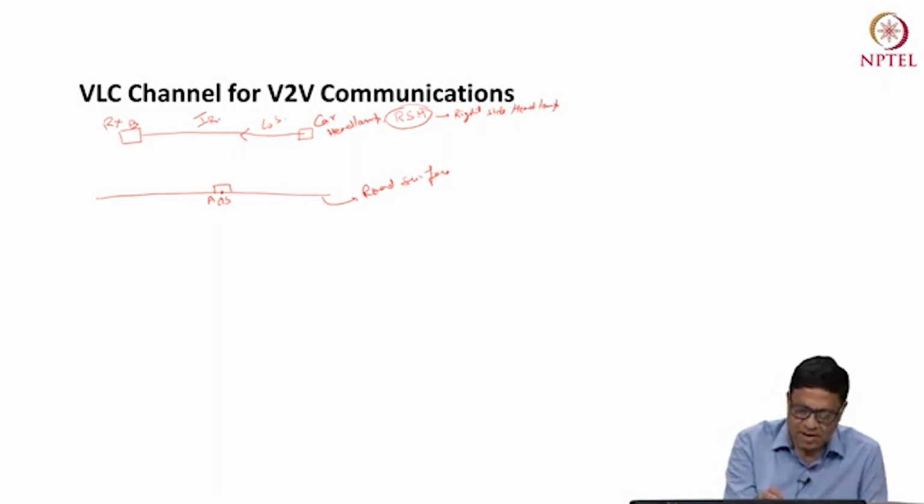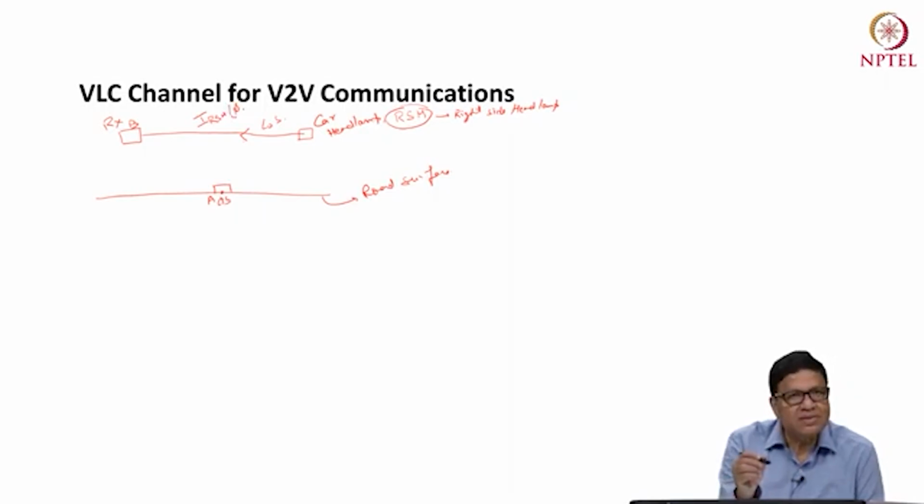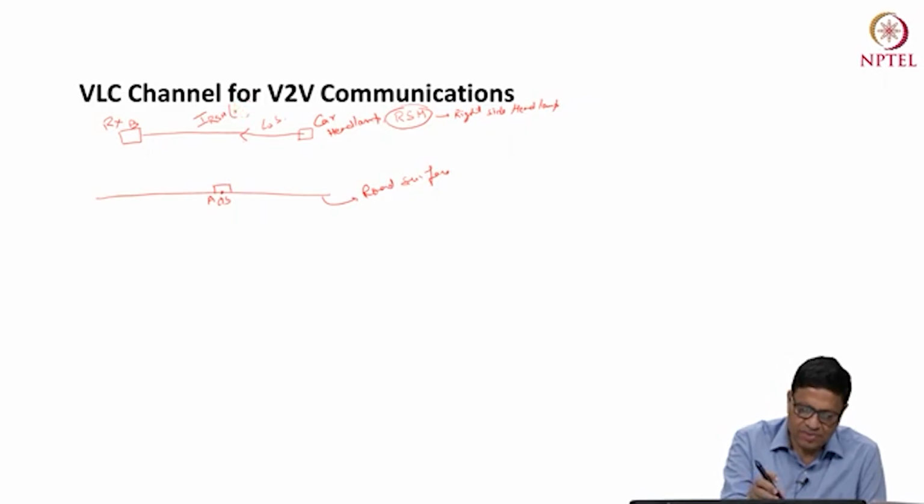So this will be I RSH, and this is a function of two angles, which are the horizontal and vertical angles with respect to the axis of the car lamp. I call them, rather, theta 3 and theta 4.